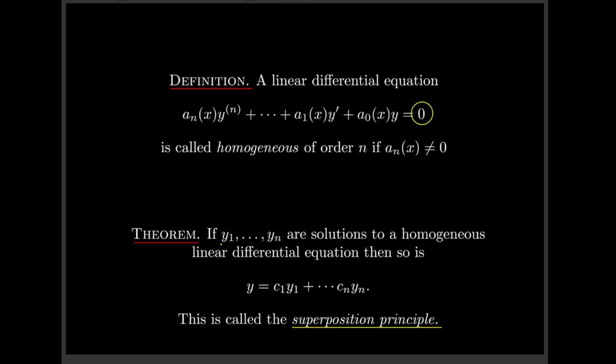More exactly, given any solutions y1 up to yn to a homogeneous linear differential equation, this function is itself going to be a solution, where the c1 up to cn are arbitrary here.